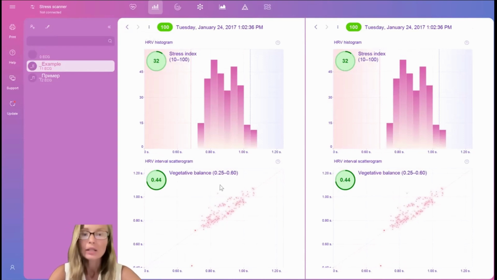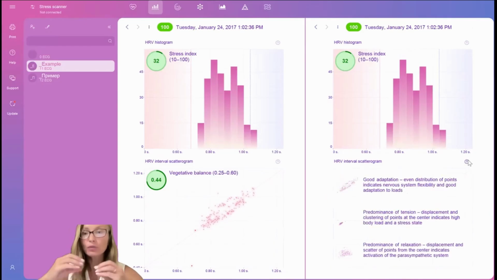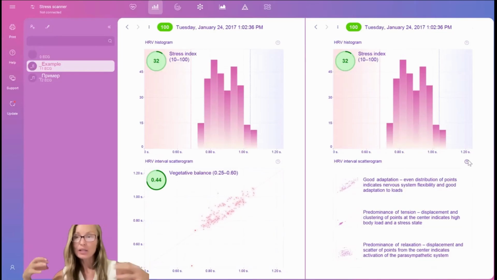The next indicator is the vegetative balance. We have rhythms in a stress format and rhythms in a relaxation format. Ideally, when both rhythms are present, the nervous system is able to switch between them smoothly at the right moment. And this is exactly where it shows how well it can do that. So the more even the distribution of points, the better we can switch to mobilization or calm down at the right moment.